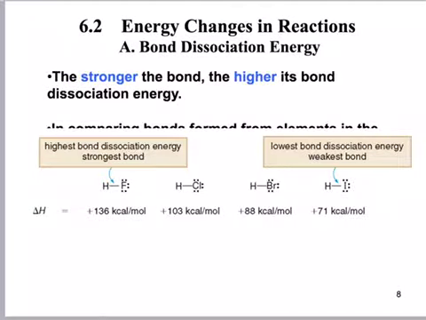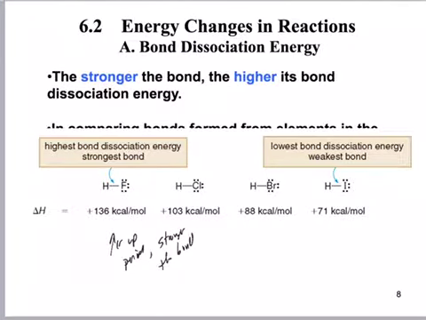Now, the stronger the bond, the higher its bond dissociation energy. And there is a sort of correlation between position on the periodic table and bond dissociation energy. The higher up in the period, the stronger the bond.